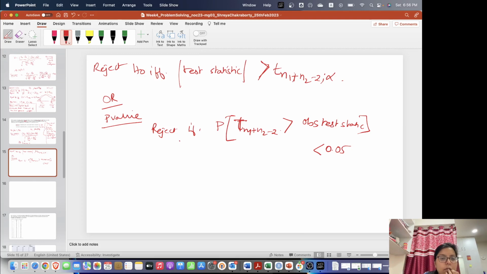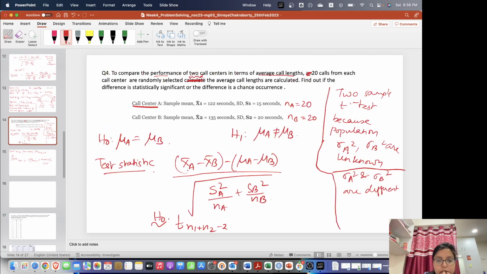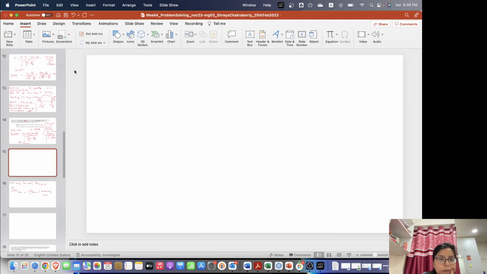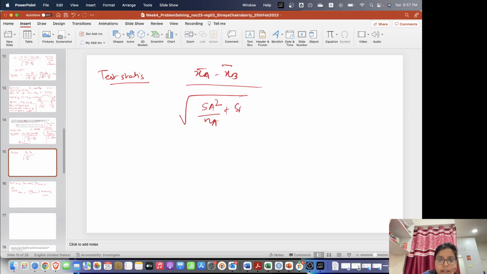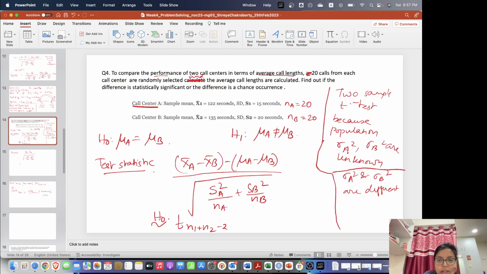Okay, so here we'll just compute the value. Under H0, what will be the value of the test statistic? Our test statistic value is XA bar minus XB bar divided by root over SA square by NA plus SB square by NB. So what is this?